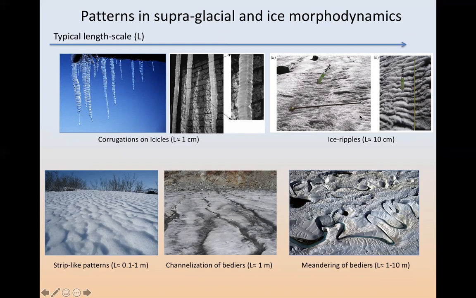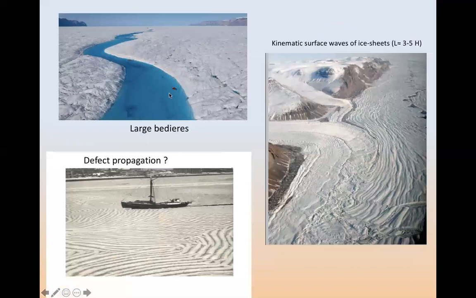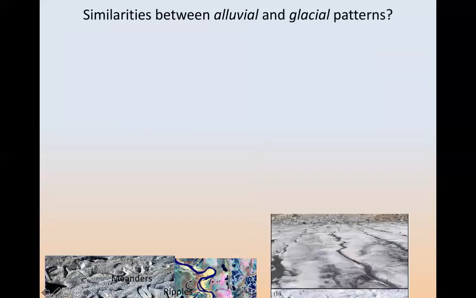This is not snow, this is ice. Strip-like patterns, channelization of bédières. Bédière is the French name for supraglacial streams. Also meandering of bédières, very large bédières in Greenland, kinematic surface waves of ice sheets, defect propagation, and so on. So a lot of patterns in ice morphodynamics.